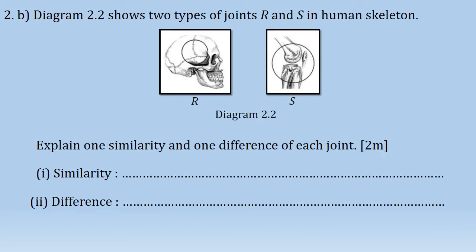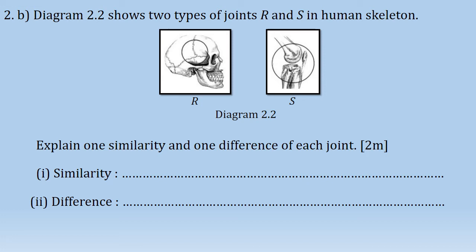2b. Diagram 2.2 shows 2 types of joints R and S in human skeleton. Explain 1 similarity and 1 difference of each joint. 2 marks. In diagram 2.2, we can discover that R is the fibrous joints in the skull, meanwhile S is the knee joint.